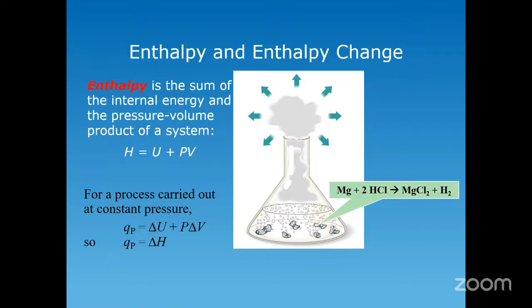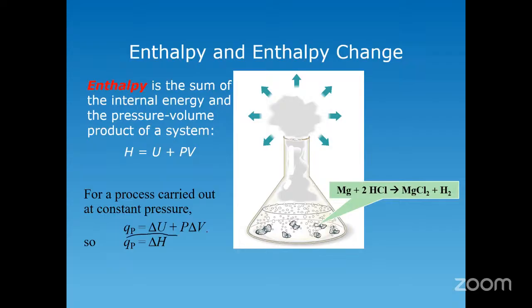So as we said before, when a reaction is undergoing a change under constant pressure conditions, then QP, which is the heat change of the reaction under constant pressure, would be equal to the change in the enthalpy, which is delta H. Some calculus is involved in deriving this equation.